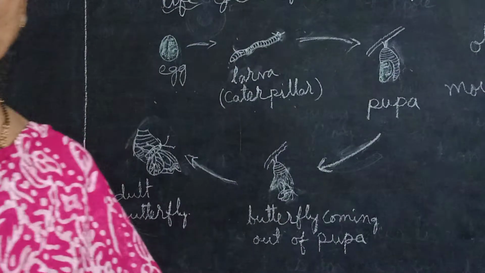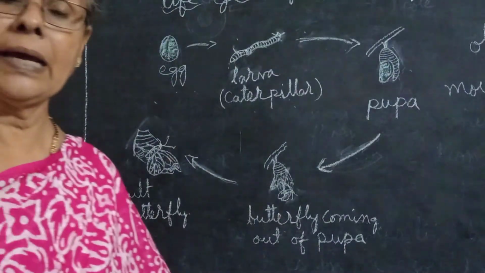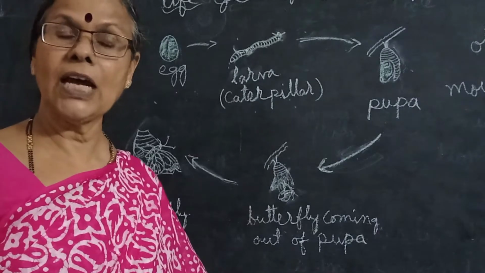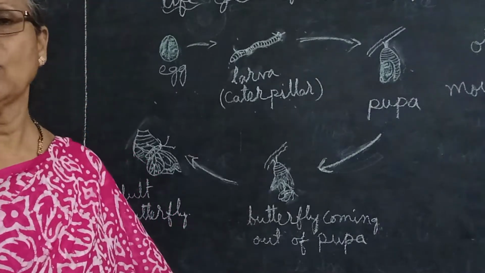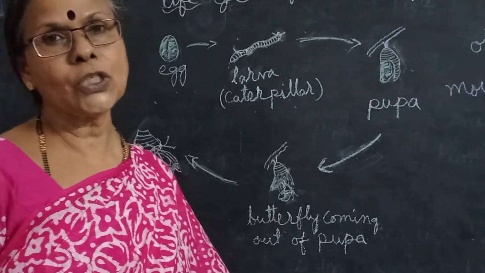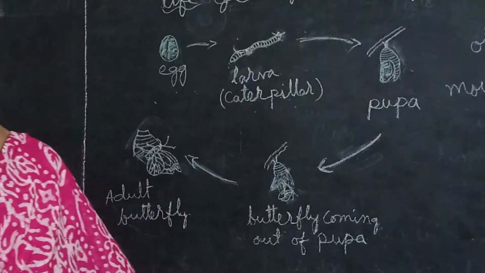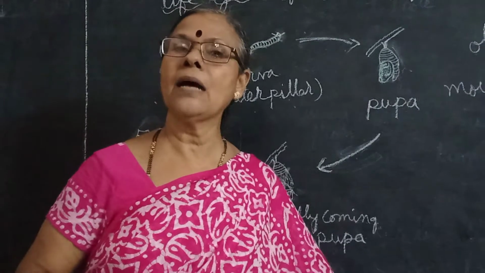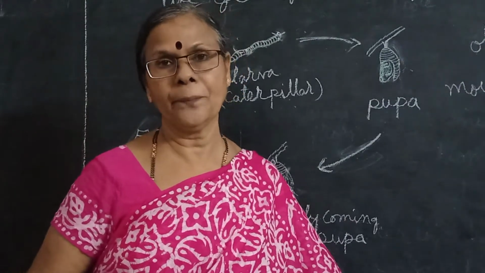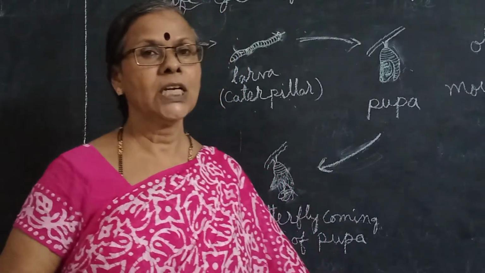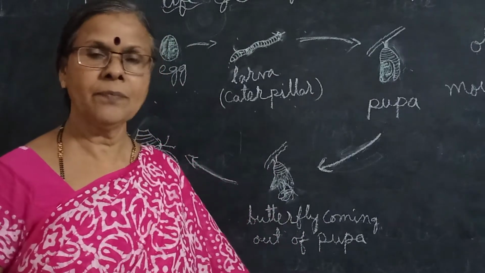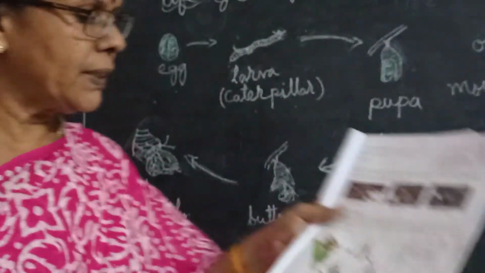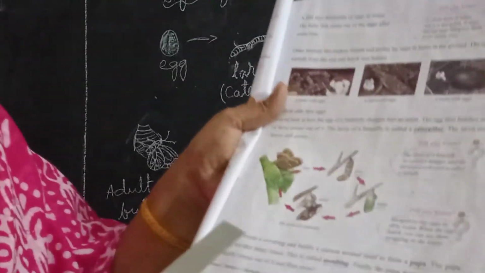As I showed you for the frog, how I drew the diagram, that you can draw too. You can copy from the textbook. In science, the diagram is compulsory. For the answer to a question, first you need to draw the diagram and label it properly. I'll show you in the textbook.